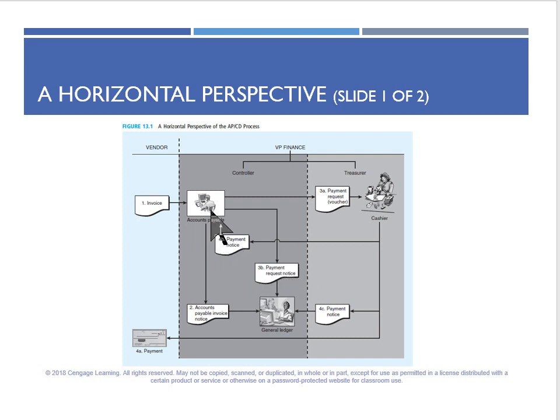Once we verify the invoice and its validity, and that we received what was on the invoice, we then issue a voucher for the Treasury Department or the cashier to pay the invoice.